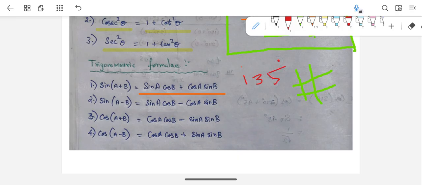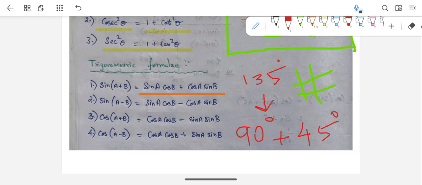To find the trigonometric values, we will write 135 degrees in two terms, like 90 plus 45. Earlier we used the tricks and quadrant theory to calculate sine 135. But now you can use this formula also.